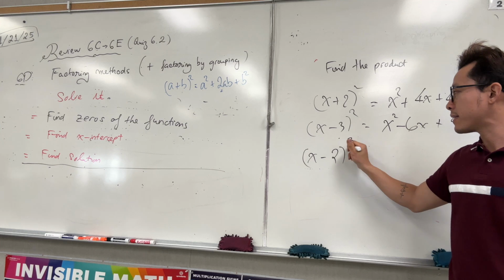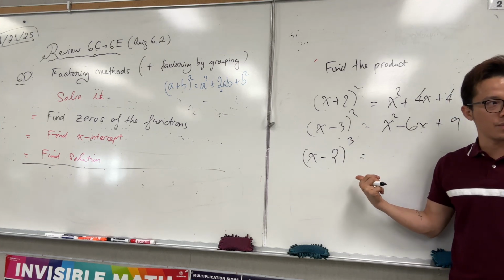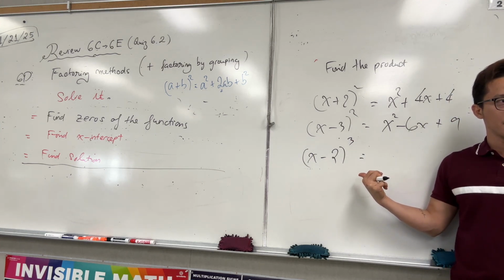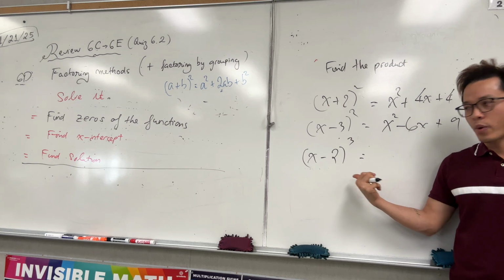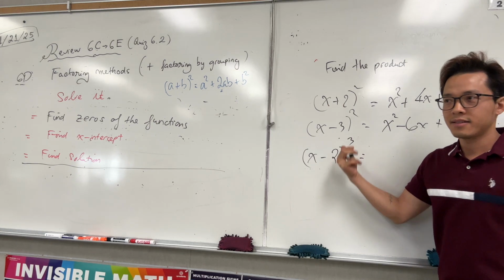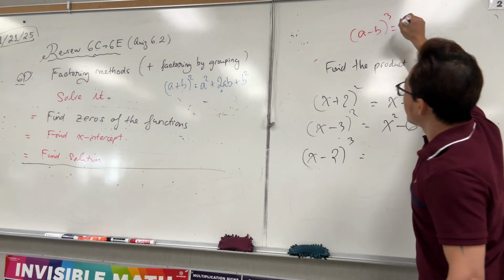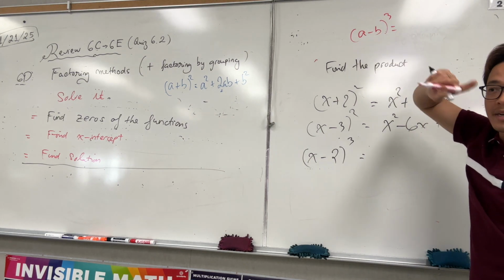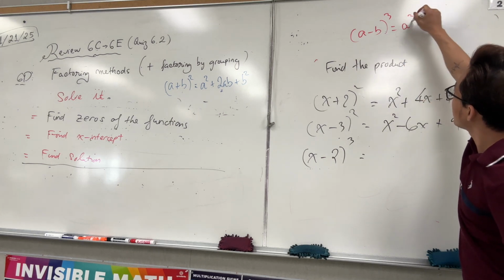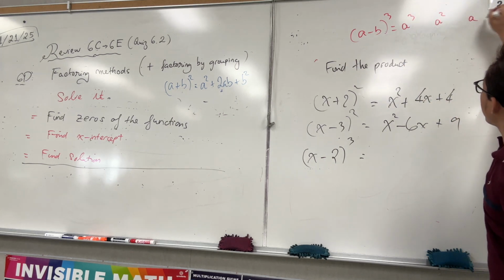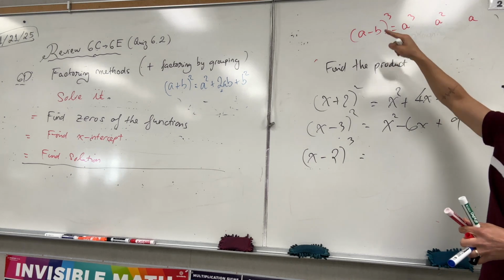If I give you something like this, do you know how to do this? Do you remember the formula? Did I tell you the way to memorize this formula? (A minus B) cubed. You just start from the power of the A going down. So A cubed, A squared, A and no A. For the B, you're going up.